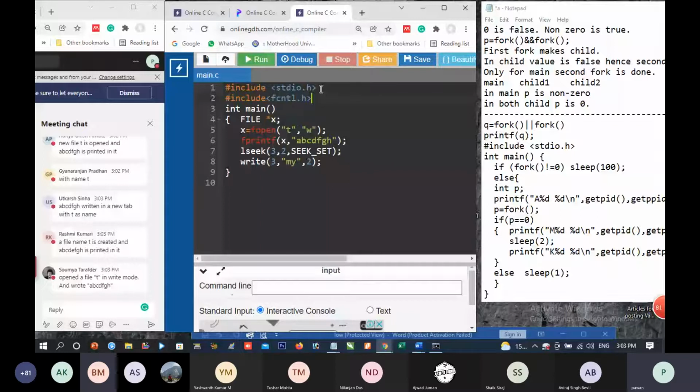Tarafdar, it is not clear to me what you are saying. Opened a file in write mode and wrote. Could you see this thing in the file? Tarafdar, now you see the next thing and observe what happens in the file.